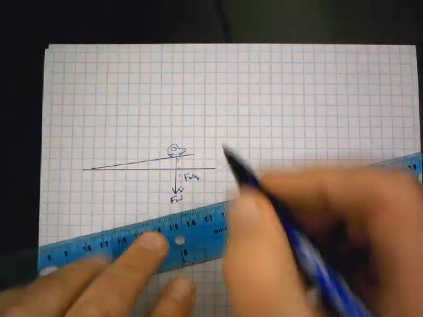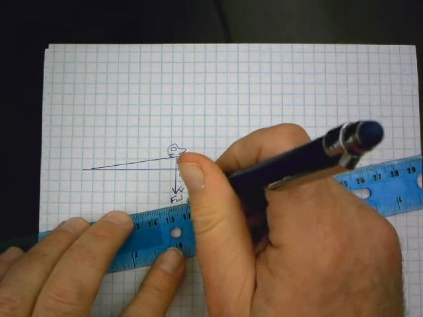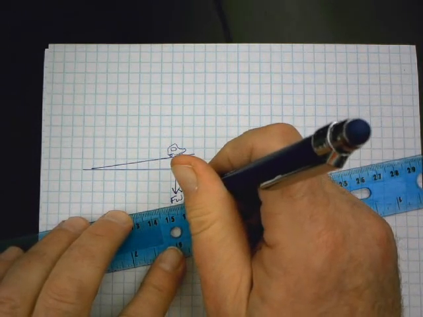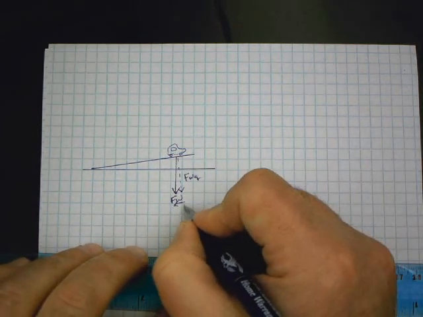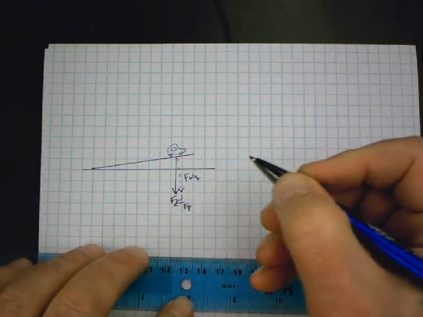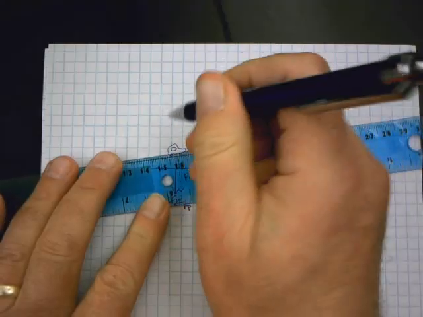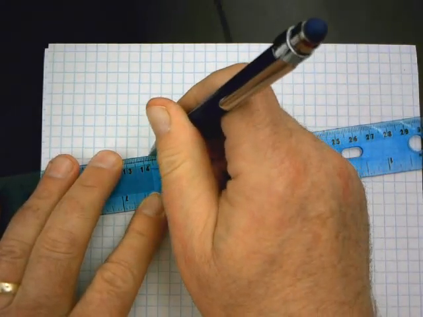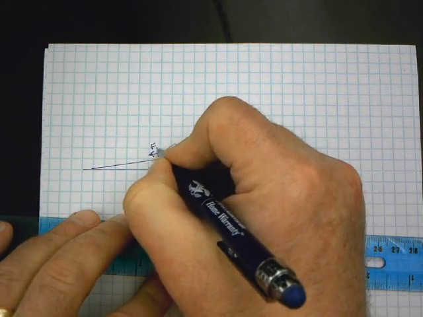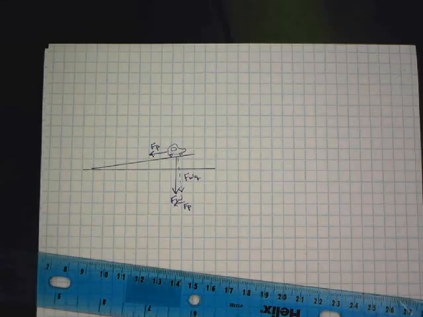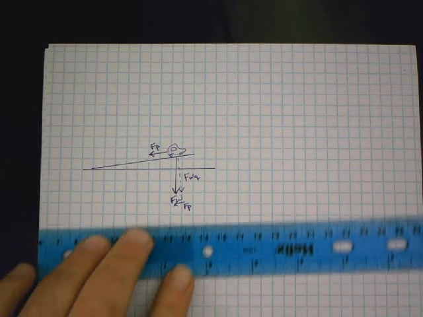And then, since I've written it there, I'm going to do it this way. There is the component going that way of the weight, which is the same part, P for parallel, the component of the weight that will try to make the car go downhill.